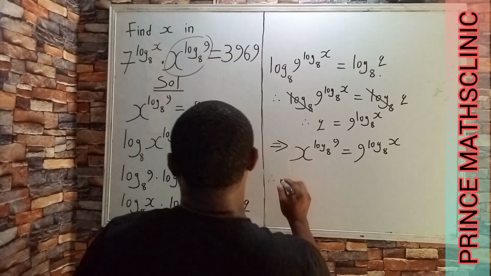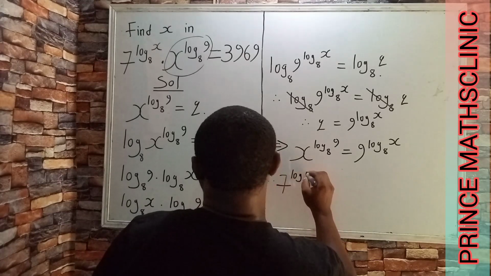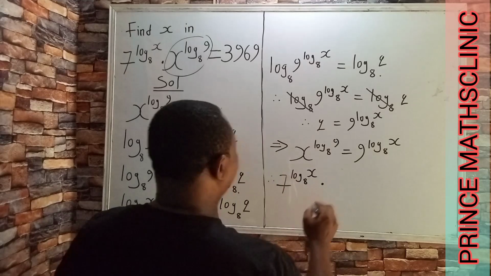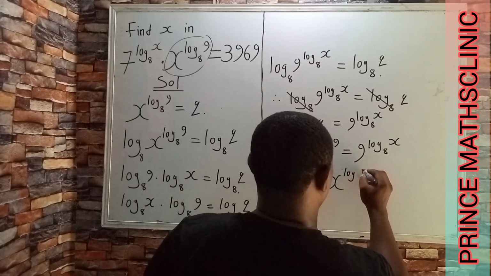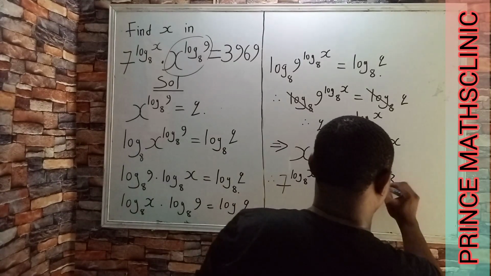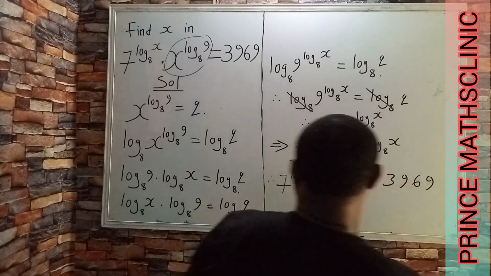So therefore, 7 to the power of log x to base 8 multiplied by x to the power of log 9 to base 8 equal 3969.